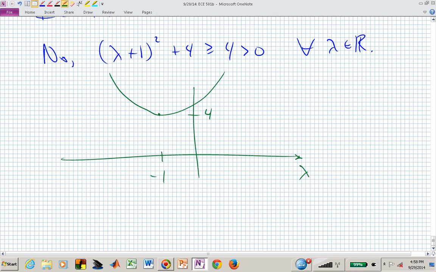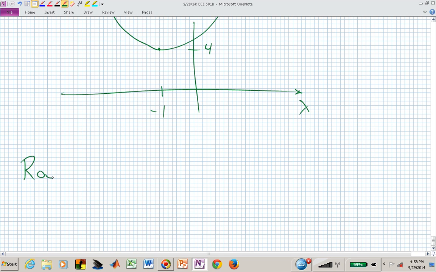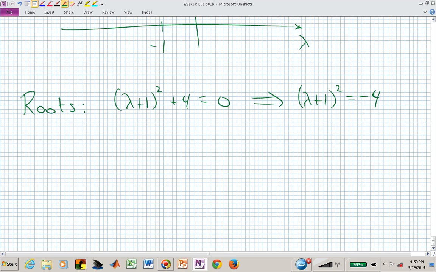So where are those roots? If we look at those, we now have lambda plus 1 quantity squared plus 4 equaling 0. Applying the same technique that we did before, now we have lambda plus 1 squared is supposed to be minus 4. We now can see that lambda plus 1 is plus and minus j2.